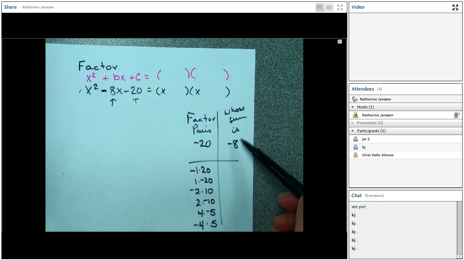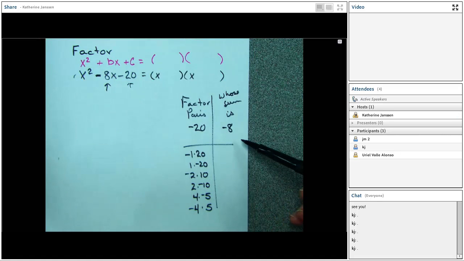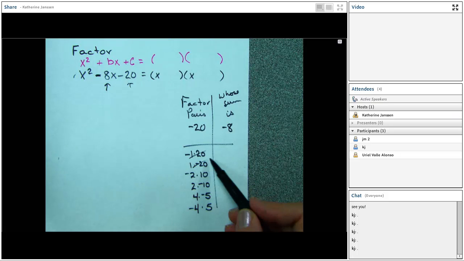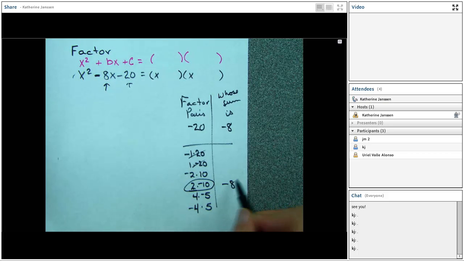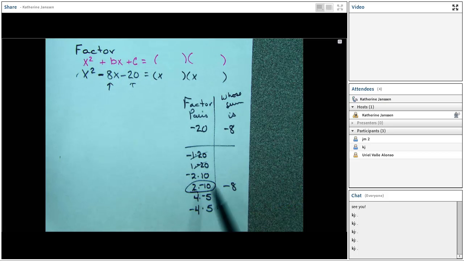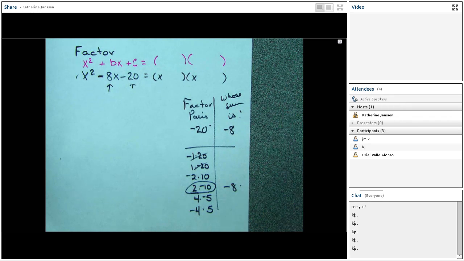We're looking for the factor pairs whose sum is negative 8. Well, it's not that. Here's a positive 8. Here's our negative 8. 2 plus a negative 10 is negative 8. We found the factor pairs of negative 20 whose sum is negative 8.